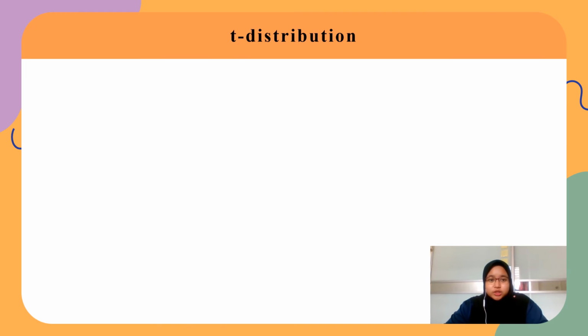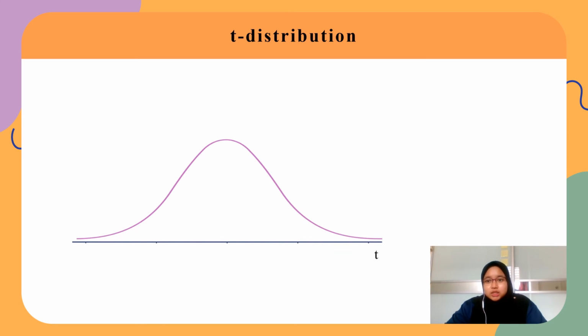The t distribution is similar to the standard normal distribution in that it is also bell shaped, has a mean of 0, and has an area of 1 or 100% under the curve.